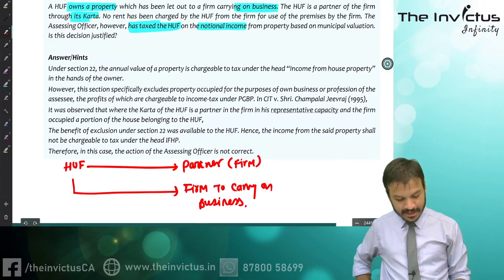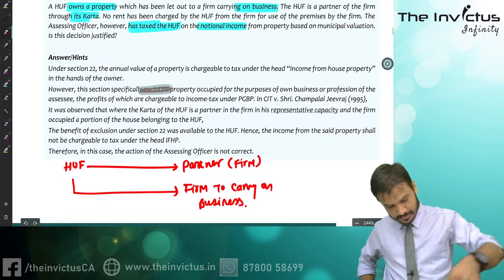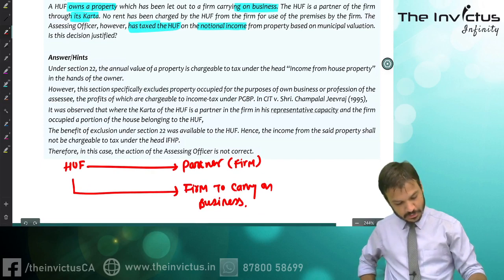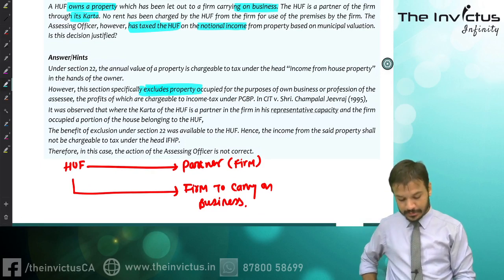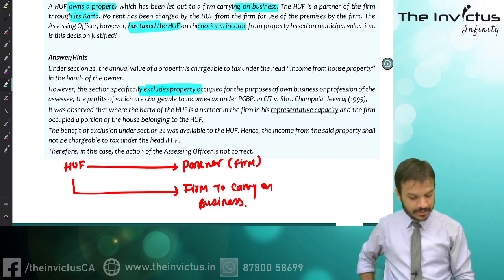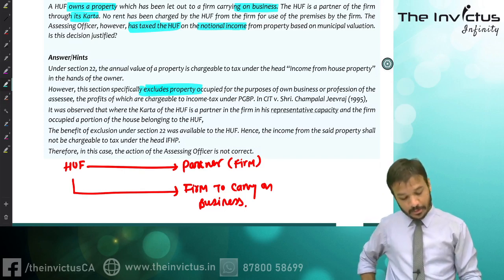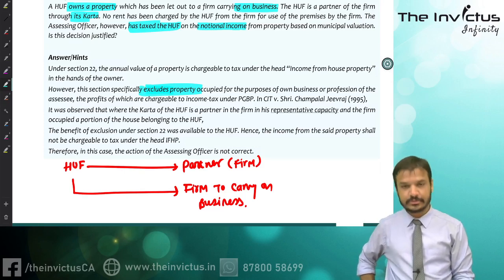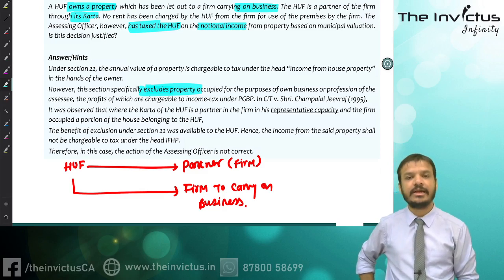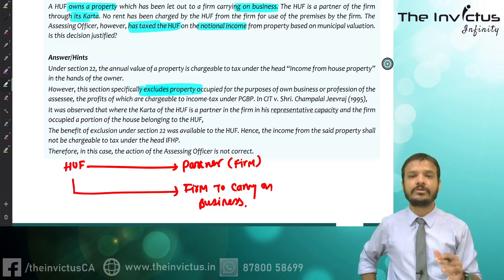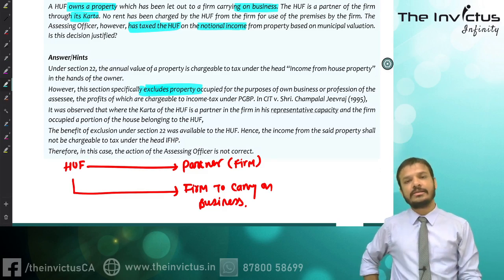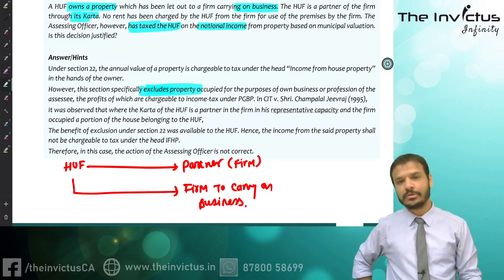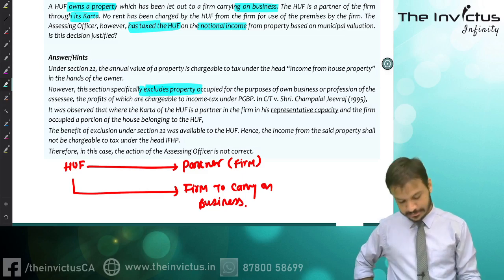However, this section specifically excludes property occupied for the purpose of own business or profession of the assessee, the profits of which are chargeable to income tax under PGBP. What does it mean? It means that if I'm using any property for the purpose of carrying on business or profession, then such property cannot be considered as a house property, and it is out of the purview of this head IFHP.